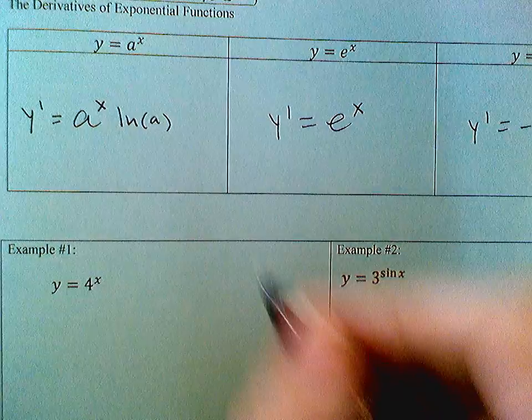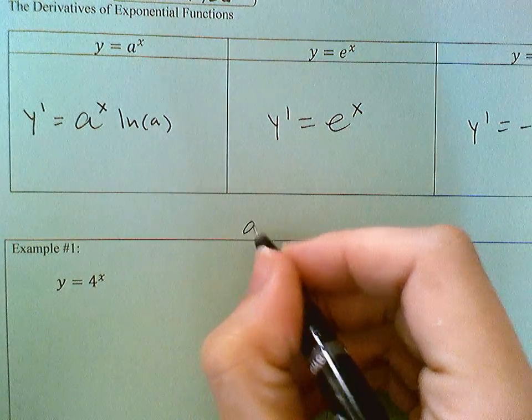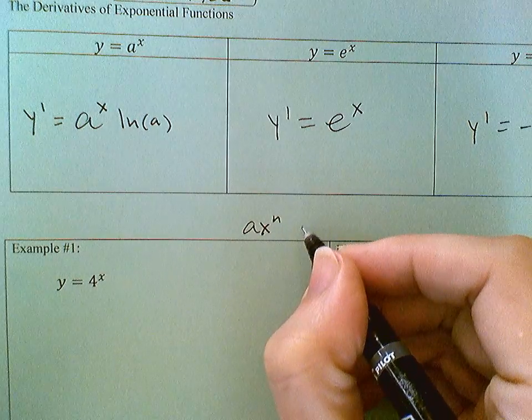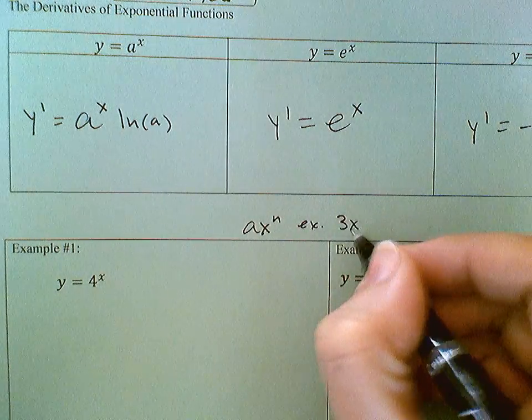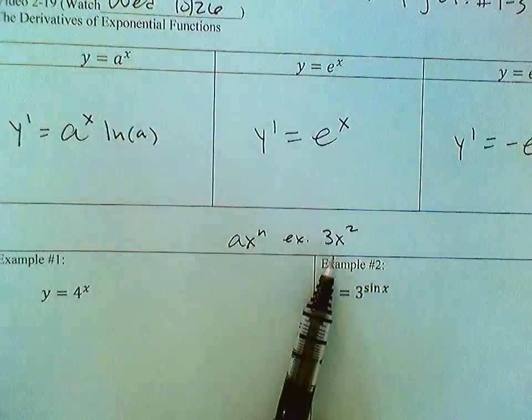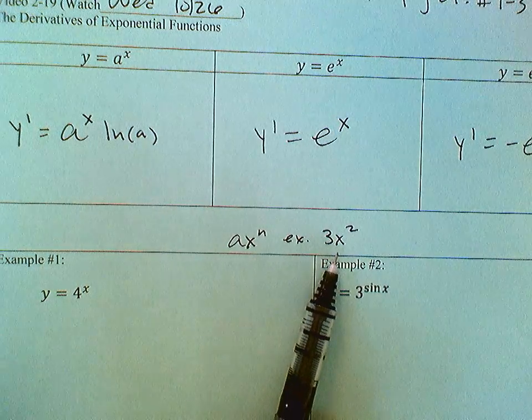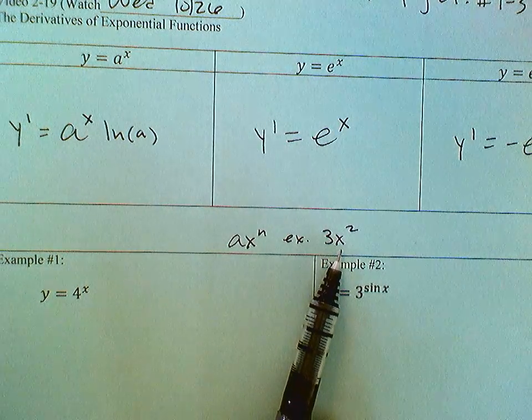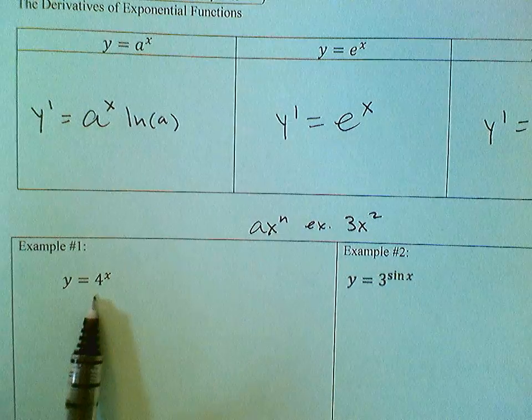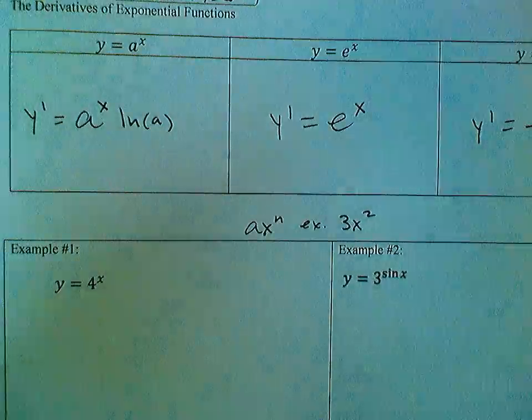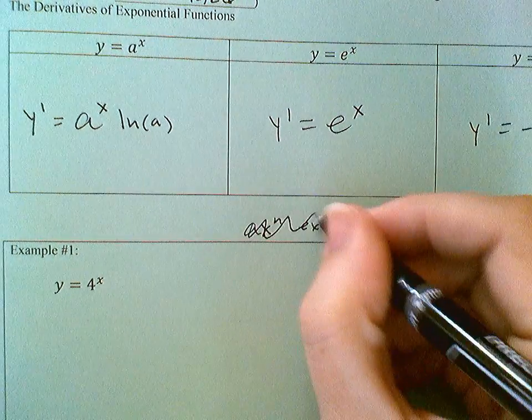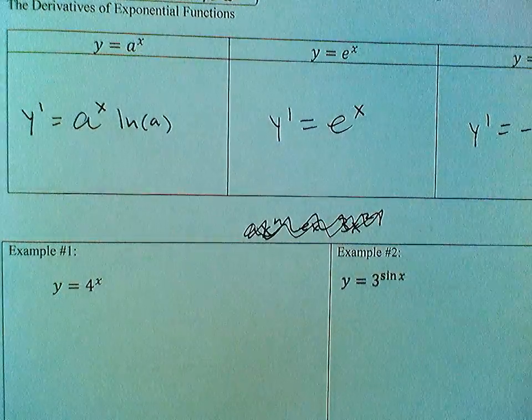When you have the form ax to the n, for example like 3x squared, here you can use the power rule because the base x is the variable. But here the base is 4 and the variable is the exponent, so don't try to use power rule for that.